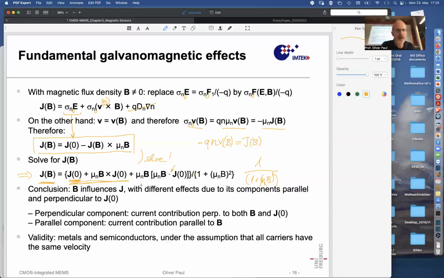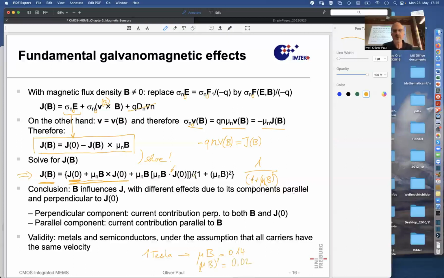Yeah? And so if mu times B is not large, this remains small. So imagine we apply 1 Tesla, and that means that mu B at the maximum in silicon is 0.14. Then mu B square is equal to 0.02, 2%.